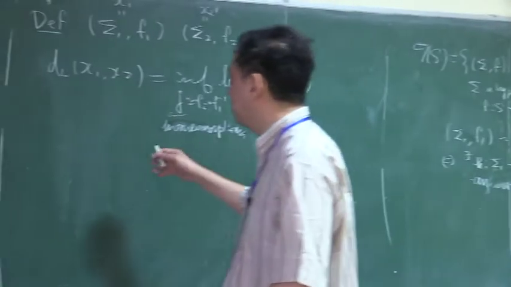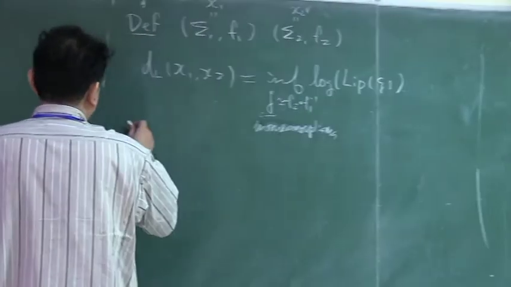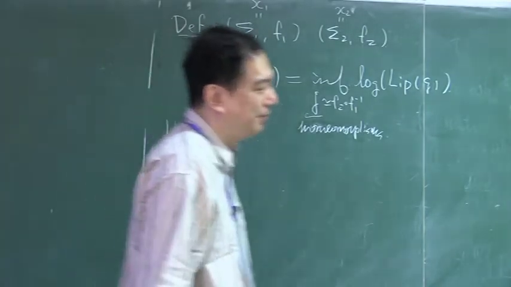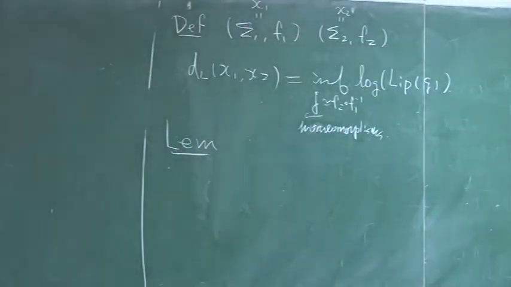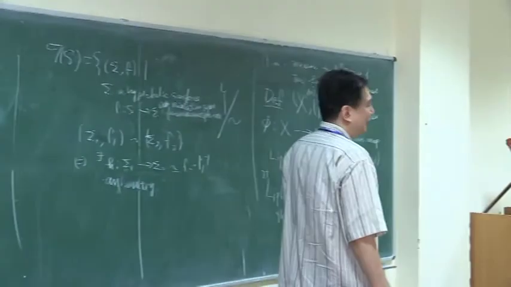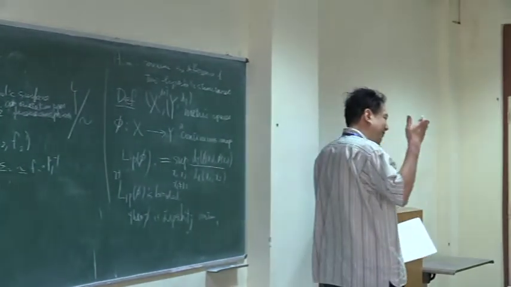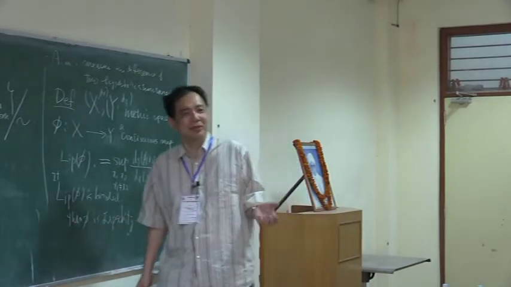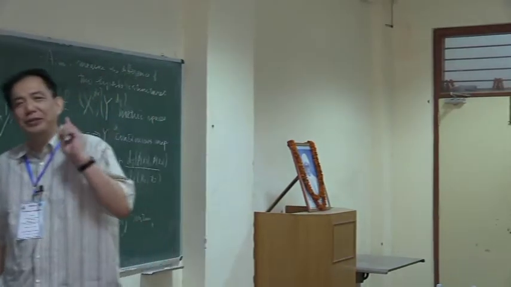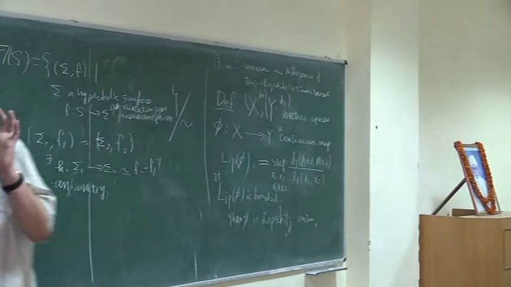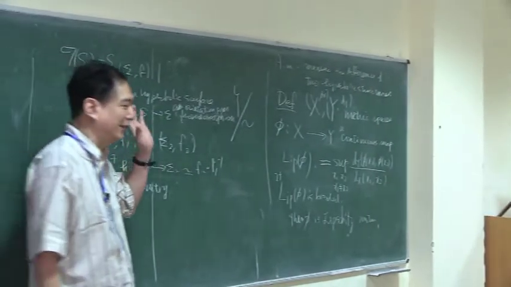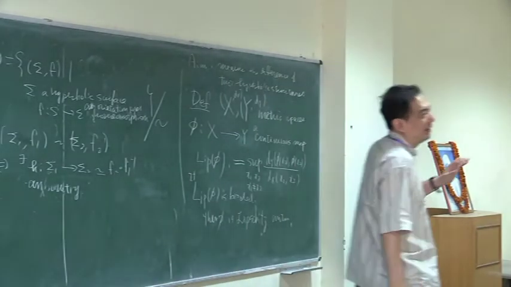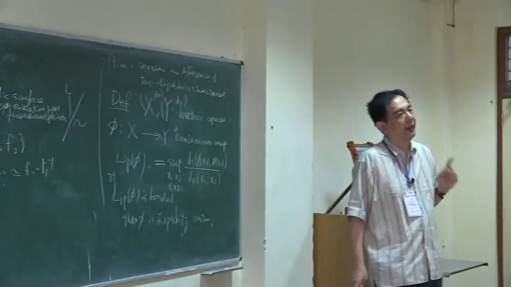And the first thing we'd like to show is that this is a kind of metric, but it's not really a metric. Let's recall the definition of a metric. The first thing is that the value of the function is non-negative.